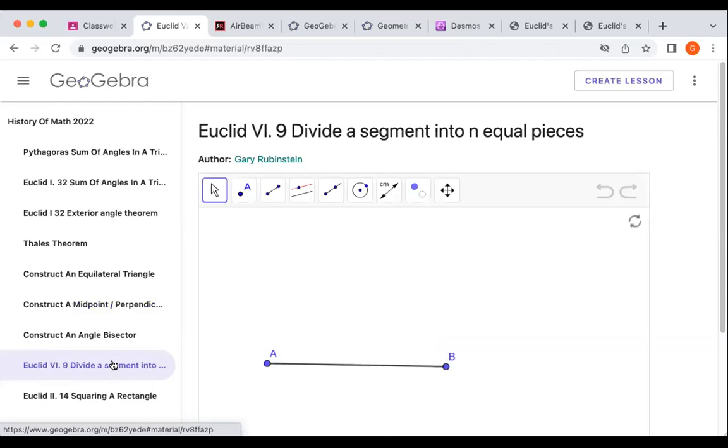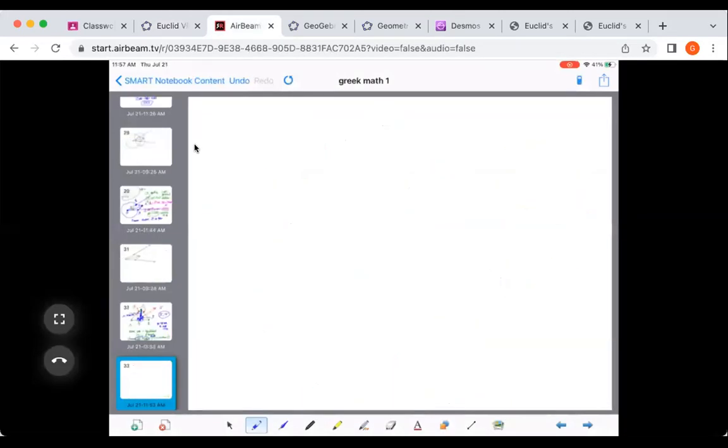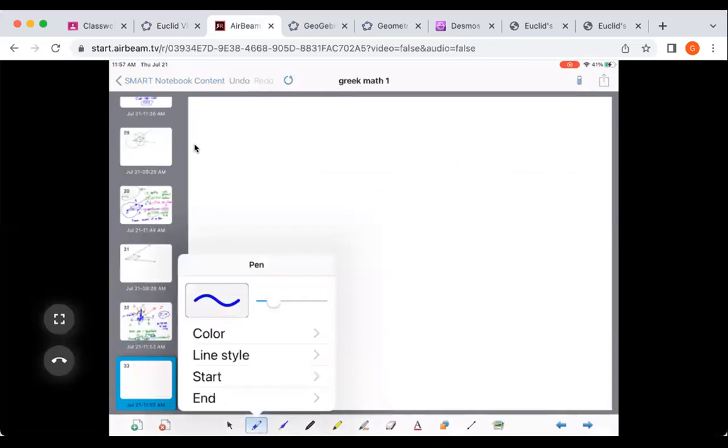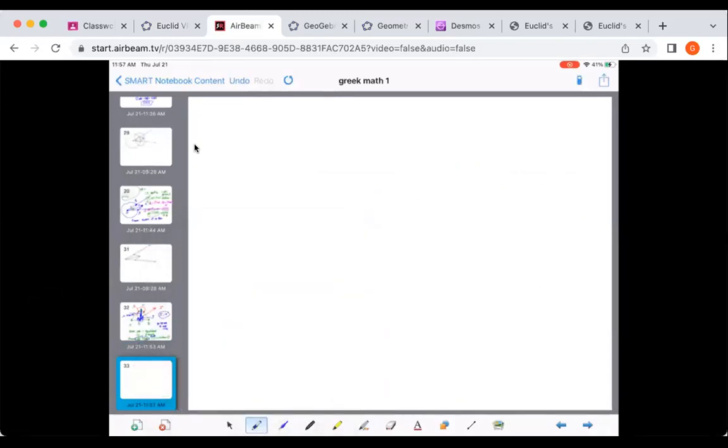So we can make a midpoint. But what if we want to divide a line into 3 equal pieces or 5 equal? 4 pieces isn't bad. I could just do midpoints all around. What if I want to divide a line segment up into 5 pieces or 3 pieces or 7 pieces? That's actually possible.